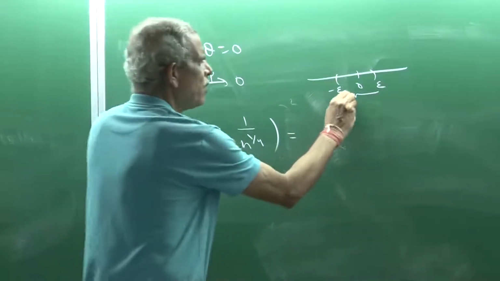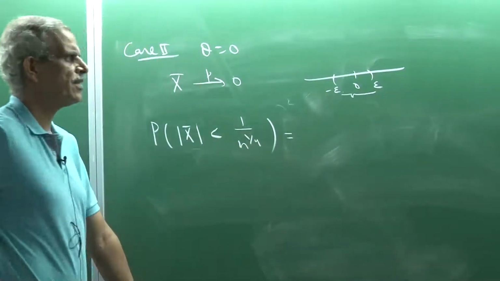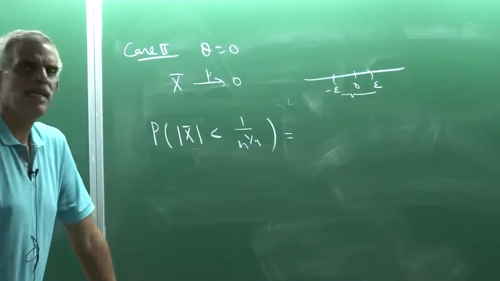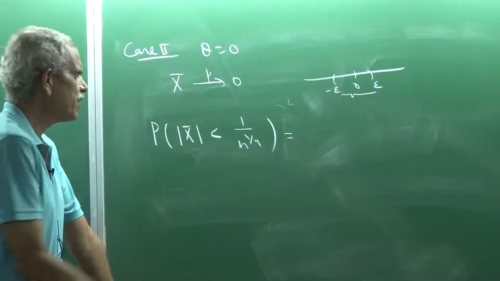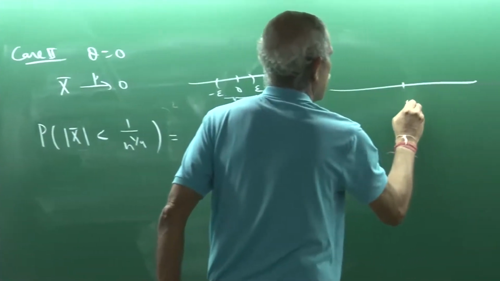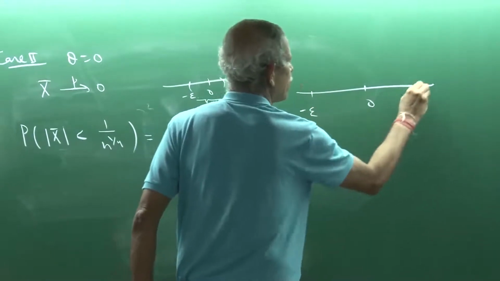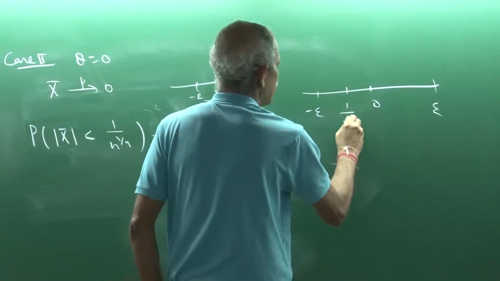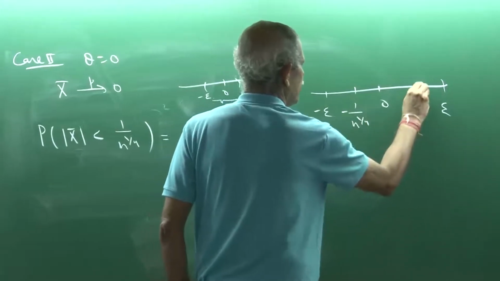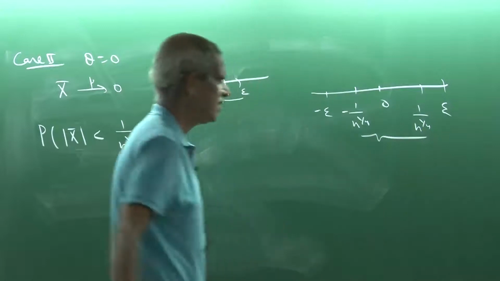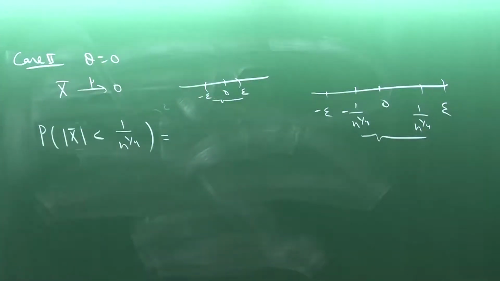Now, however small a neighborhood you take around 0, you can always find n large enough so that minus 1 upon n to the power 1 by 4 and 1 upon n to the power 1 by 4 is contained in this. And that would happen for every n greater than or equal to n naught.